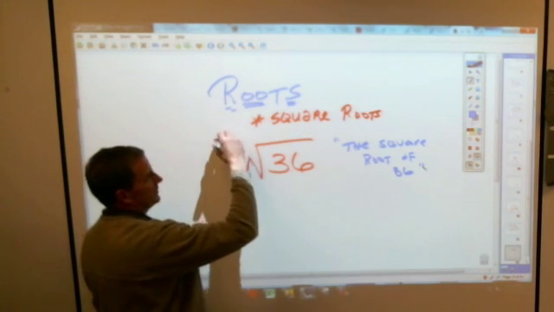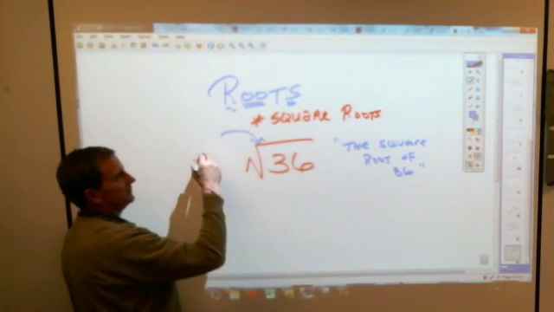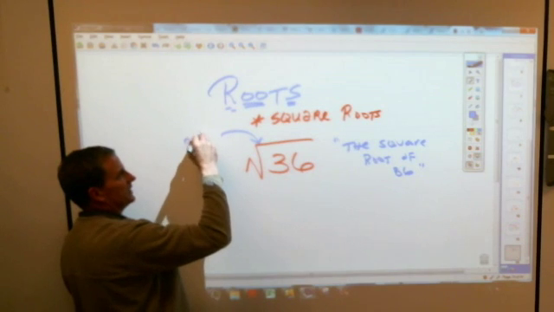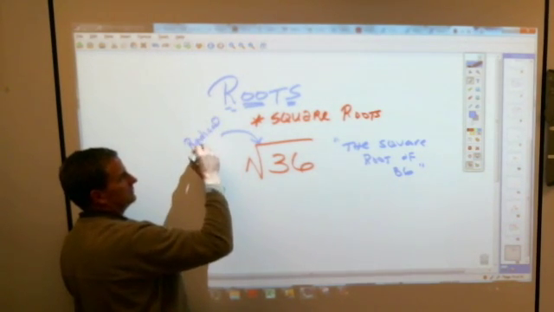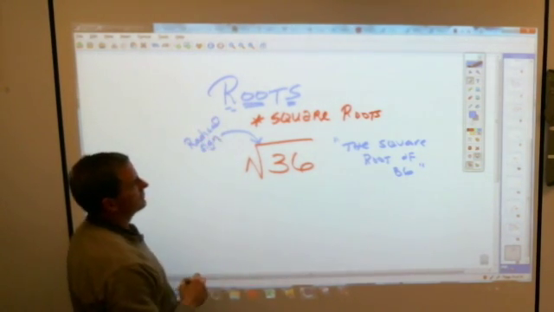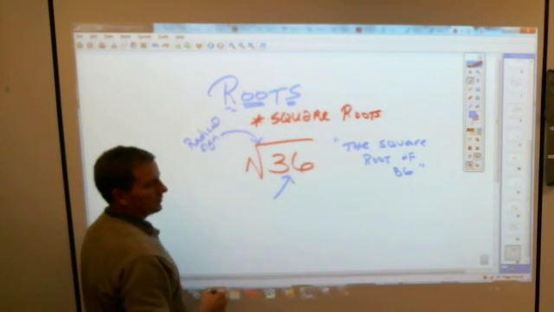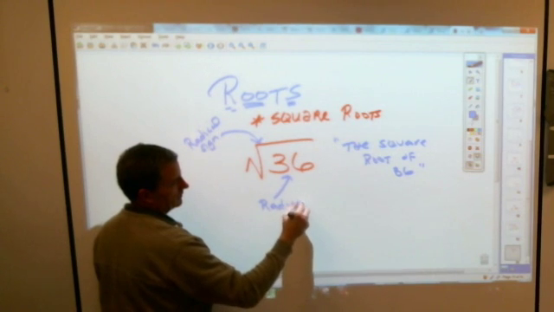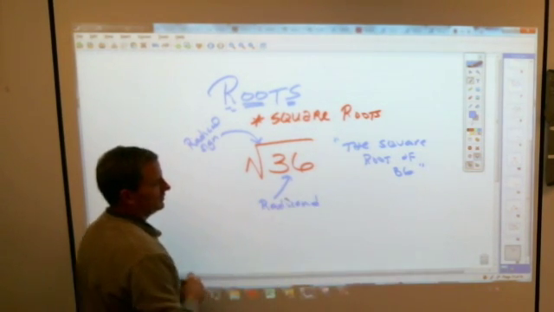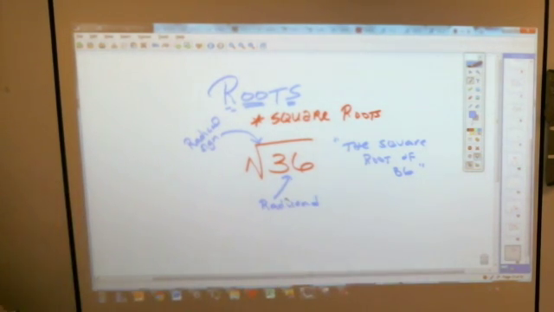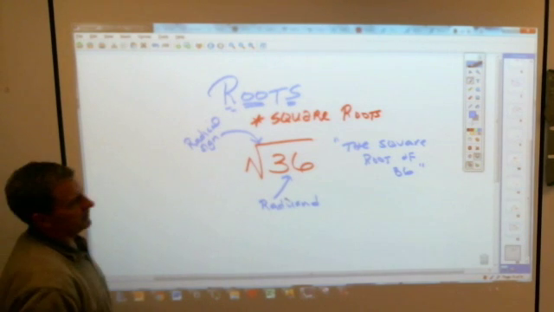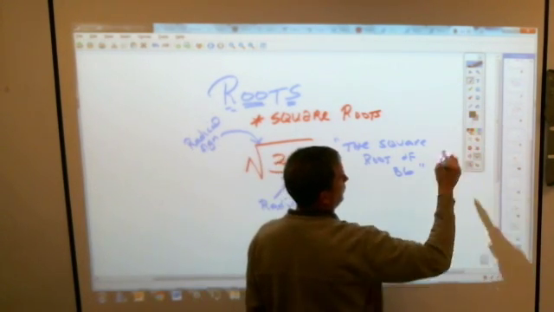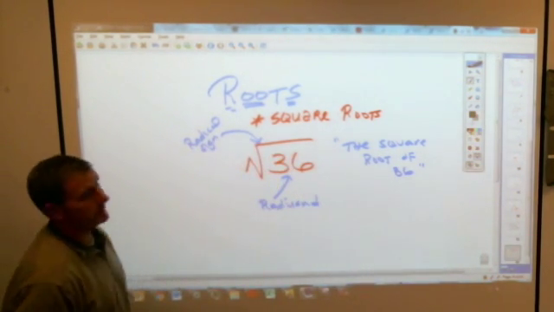This little symbol right there is called the radical sign. It is radical. And this number underneath the radical sign is called the radicand. Again, I didn't make them up, just telling you what they are. Radical sign, radicand. Okay? And the answer, the simplified form of the square root of 36, is this.